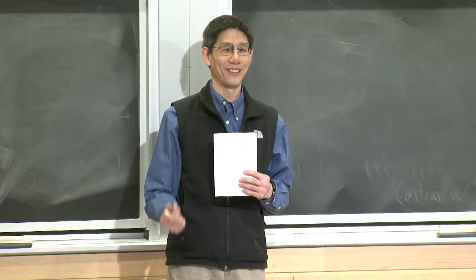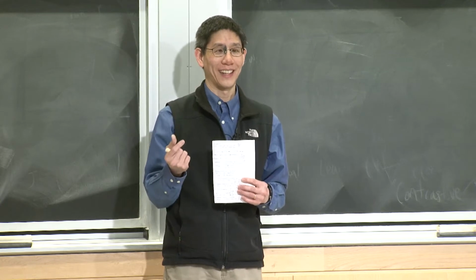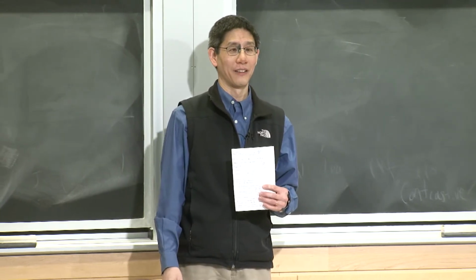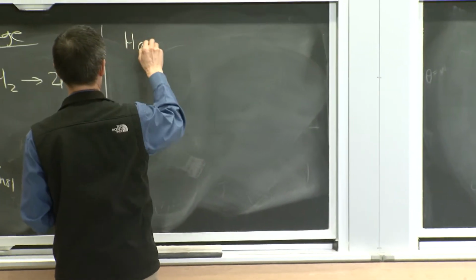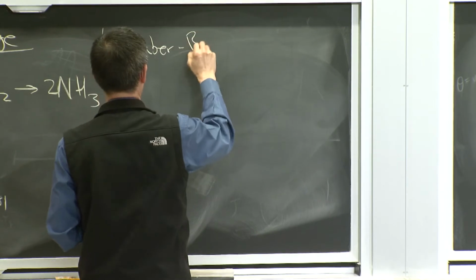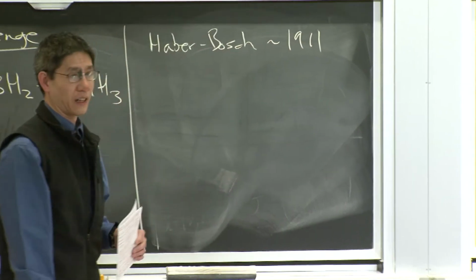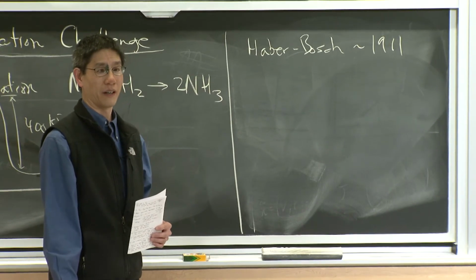And it's remarkable for me to realize and appreciate that so much of our cells, our bodies, our nitrogen is dependent on this process known as the Haber-Bosch process. Circa 1911, and Fritz Haber and Bosch won Nobel Prizes for their work in this area.